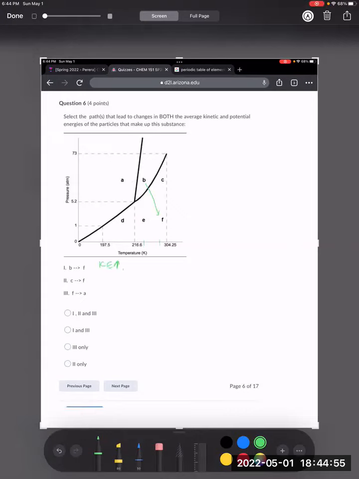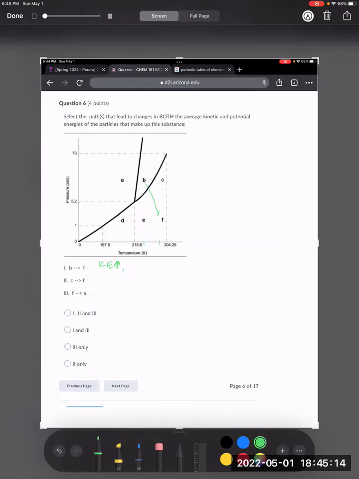And then this is liquid to gas, because you're lowering the pressure and increasing the temperature. So when this happens, the potential energy must increase, because you're going from liquid to gas.